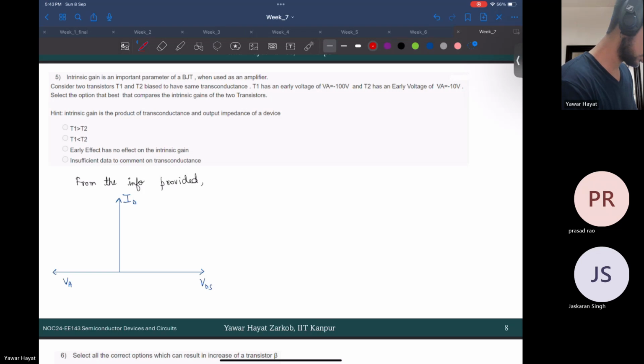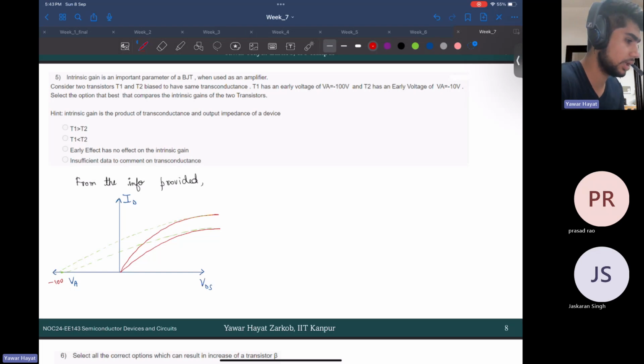And this is early voltage of minus 100 volts for this transistor 1, right? T1.